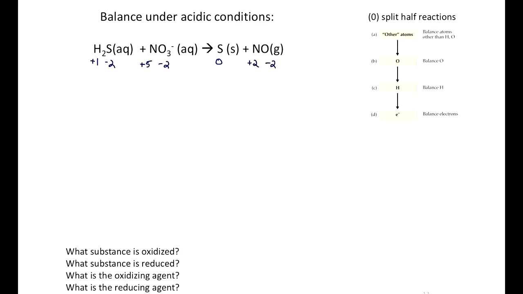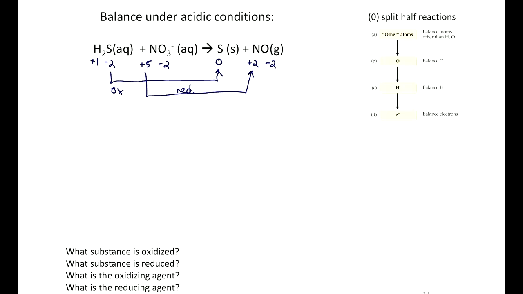So track only the things that are changing. Sulfur is changing. Sulfur is being oxidized. And then nitrogen is being reduced, yes. If you do this and you get both things are being reduced, is that possible? No, you did something wrong, and you should try your oxidation numbers again, all right?